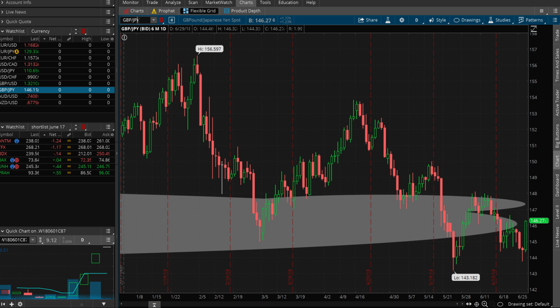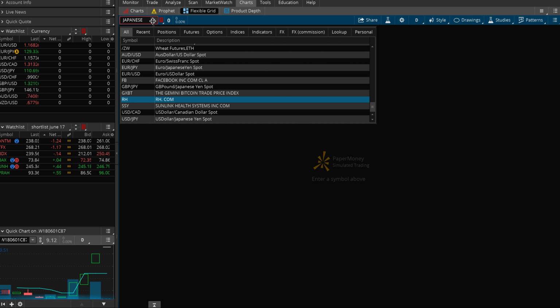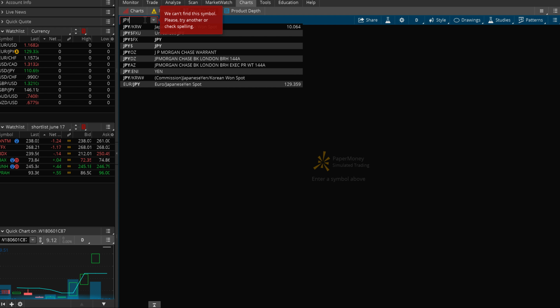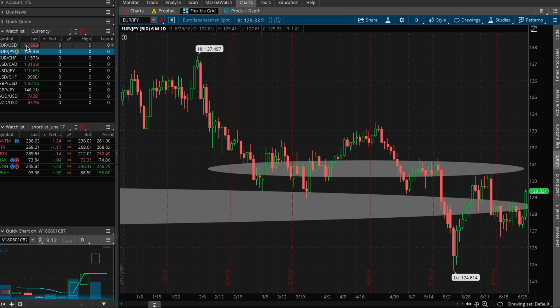So if you do pound yen, do Japanese yen over here. Not sure why this drop down is not working, but JPY, right? It's taking some time to load up.